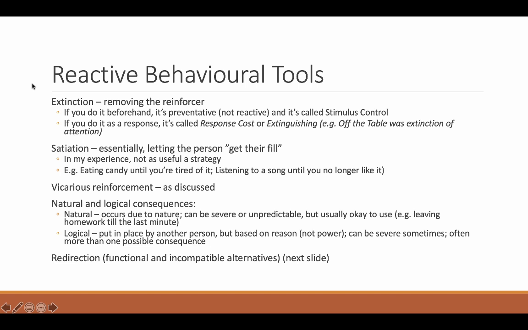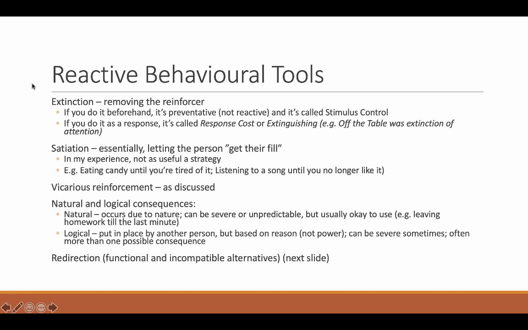Three people might look at the same scenario and arrive at different logical consequences. For example, one person might say you have to pay for something to be fixed. Somebody else might say you're not allowed to borrow the thing you damaged again. And a third person might say you have to repair the thing that you broke. So any of those are examples of logical consequences.